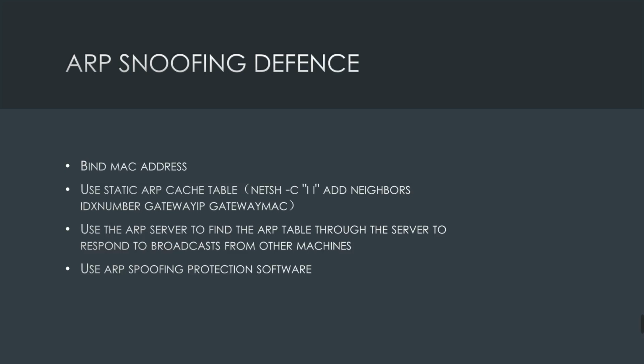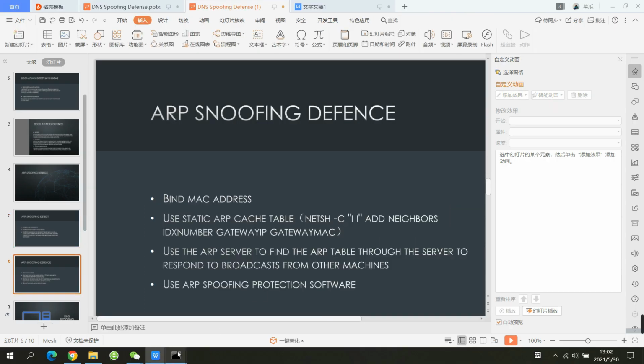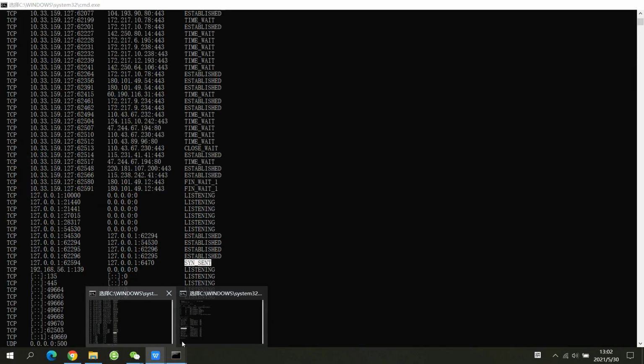Okay, so how do we defend against ARP spoofing? We can directly ban the MAC address, like we don't use ARP anymore, and we can use a static ARP cache table. And we can also add a static mapping to this computer. I can show you how to do that.